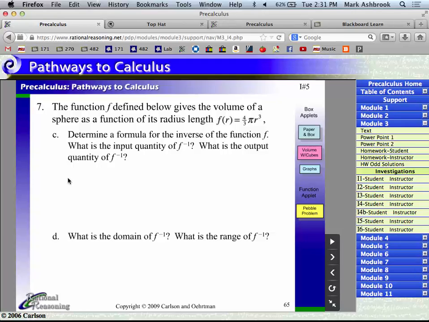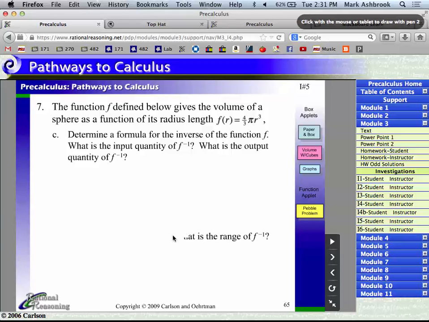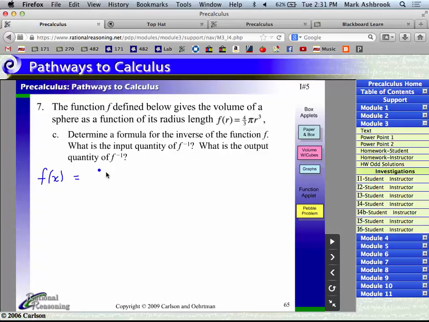So we're going to do the volume of a sphere, and that's f of x. The input quantity is the radius. You take the radius first and you cube it, and then you multiply by 4/3 pi.